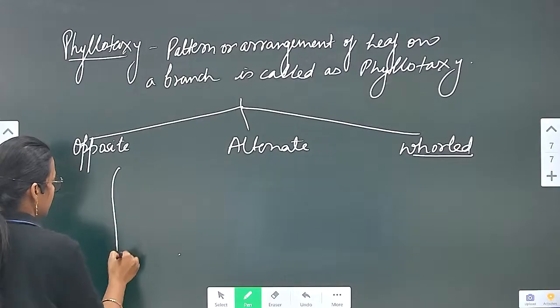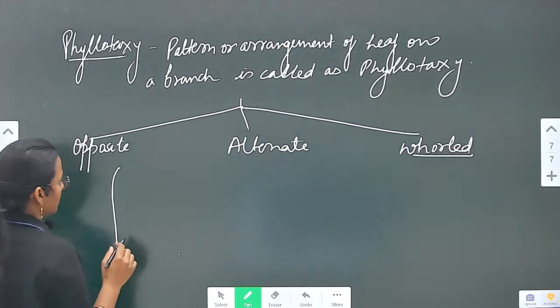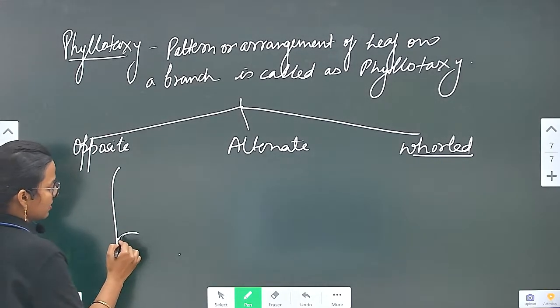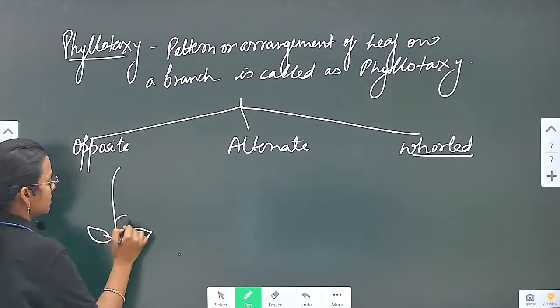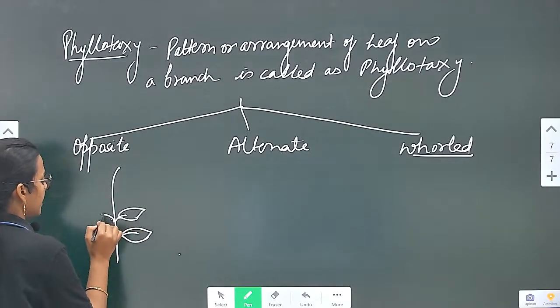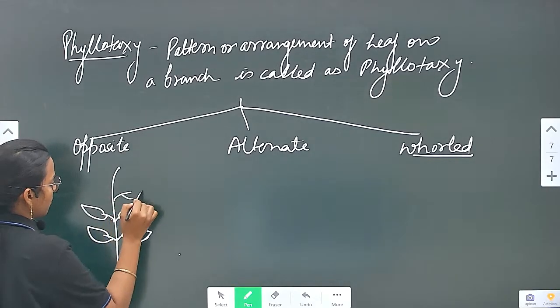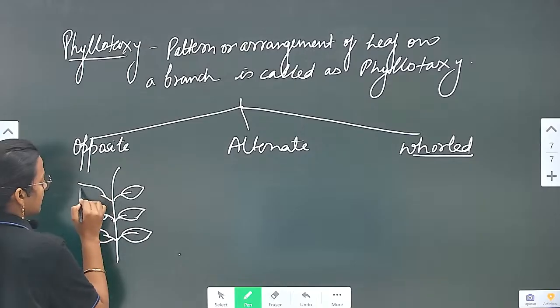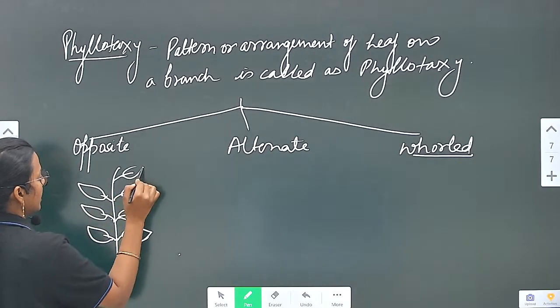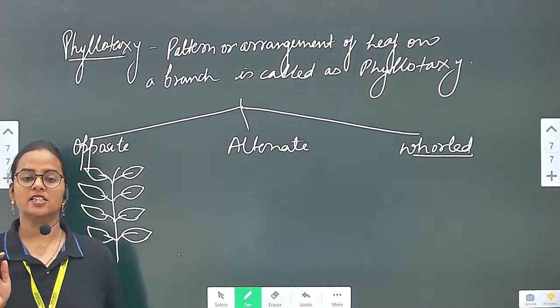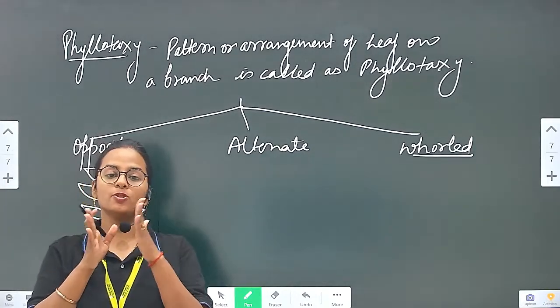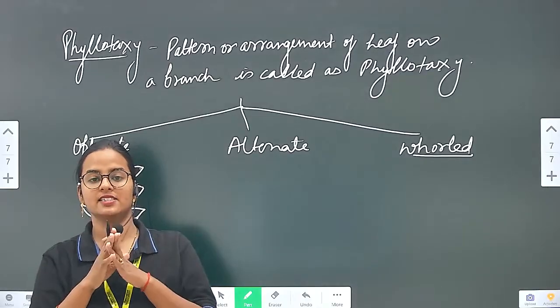Opposite, this. Opposite, how does it look like? See. Have you seen such type of plants where the leaves are borne like this? Ever seen some plants where the leaves are oppositely placed like this? Yes?